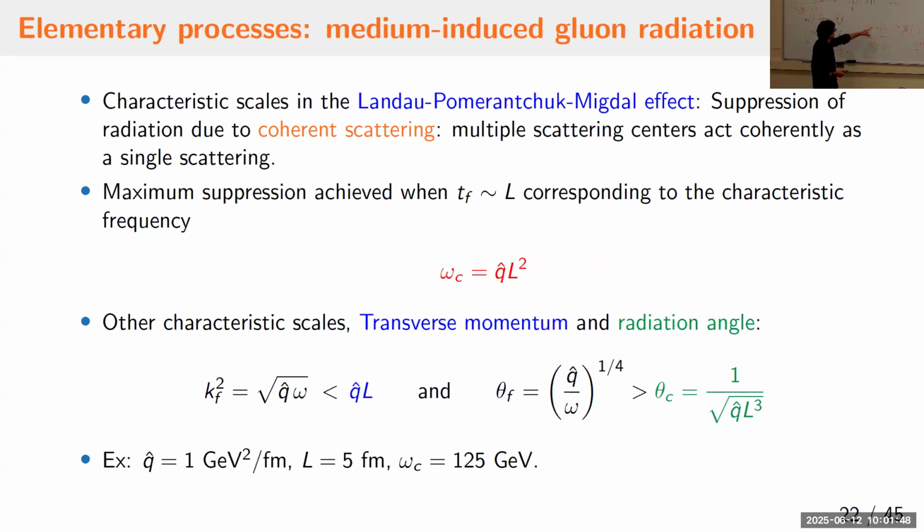If now I set this to be equal to L, by solving for omega, I get omega C, which is Q hat L squared. T_F and the L are, I'm going to assume, smaller than the QGP formation time, because the jet forms before, from the initial hard scattering, before the QGP.